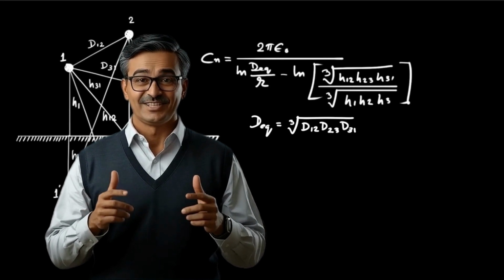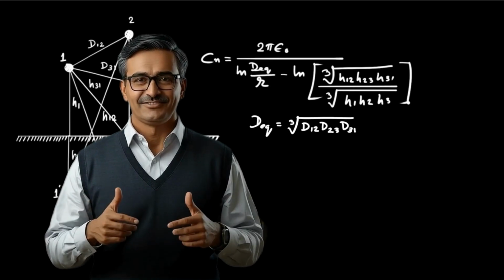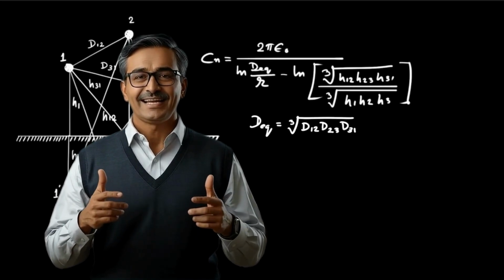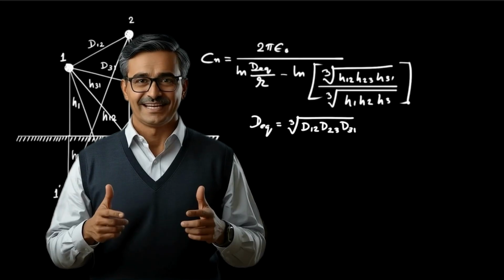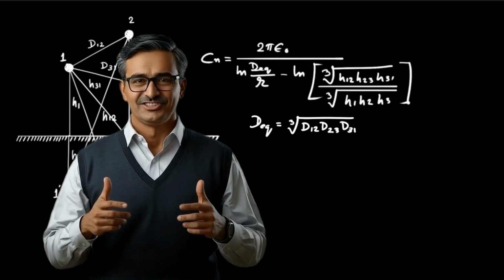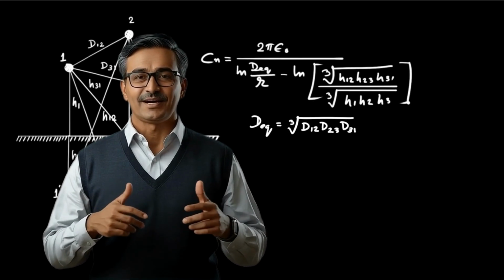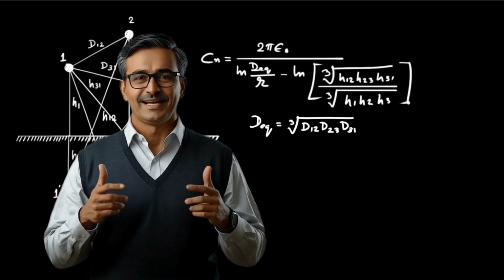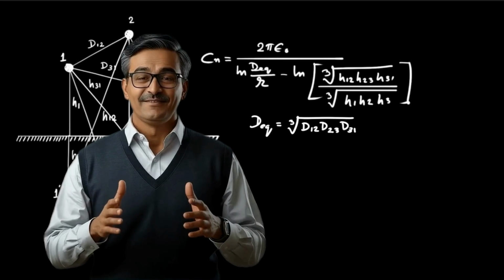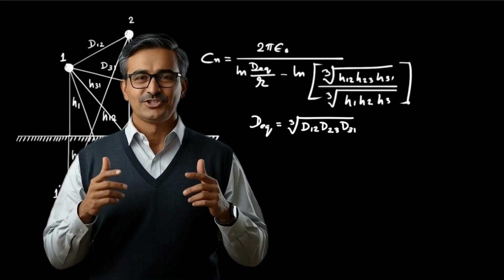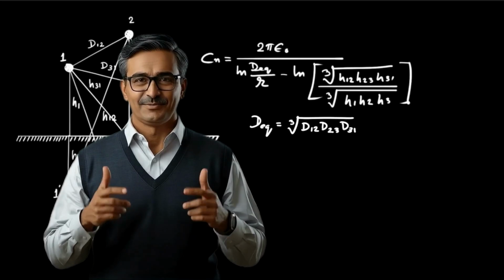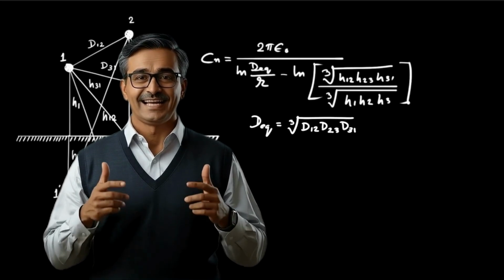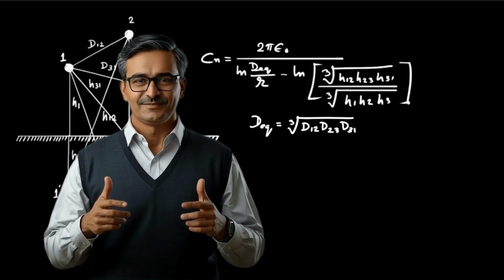Let's quickly revise today's lesson. The earth behaves like a conducting surface maintained at zero potential. Instead of solving a difficult electrostatic problem, we replace the earth with imaginary conductors. This technique is known as the method of images. Every real conductor has one image conductor located at the same distance below the ground and carrying an equal but opposite charge.